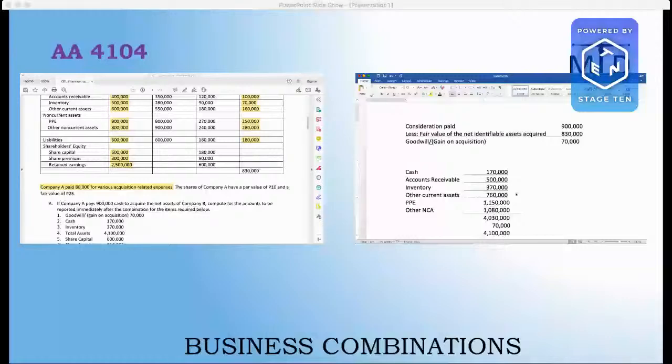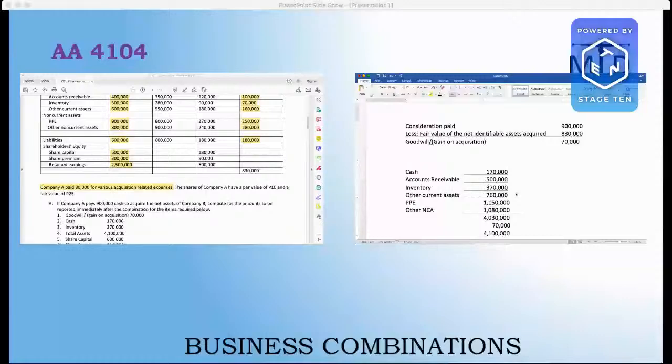acquisition related costs. Next, if the question is for combined total assets, of course, one way of solving it is to simply add the combined amounts for the individual assets that are in the books of the acquirer after the combination. But what do I want you to remember, class? What do I want you not to forget when solving for combined total assets? Please do not forget to include the resulting goodwill. Is it common for students to forget including the goodwill?